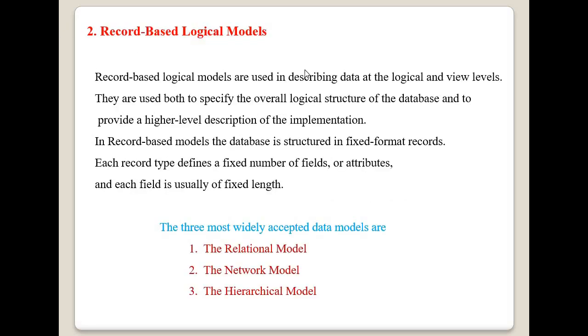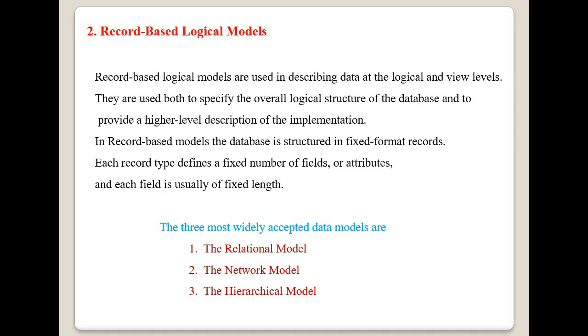Then the second main model, the record based logical model. Record based logical models are used in describing data at the logical and view levels. They are used both to specify the overall logical structure of the database and to provide a higher level description of the implementation. In the record based data model, the database structure is fixed format records.